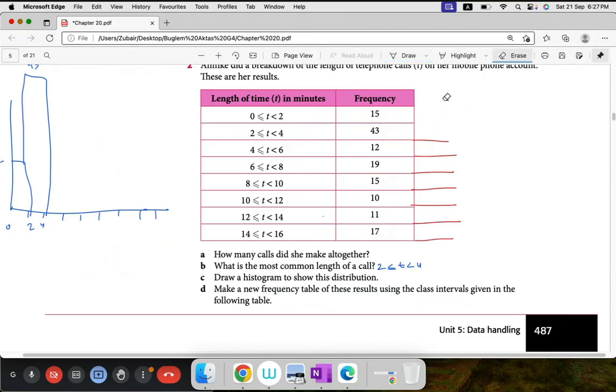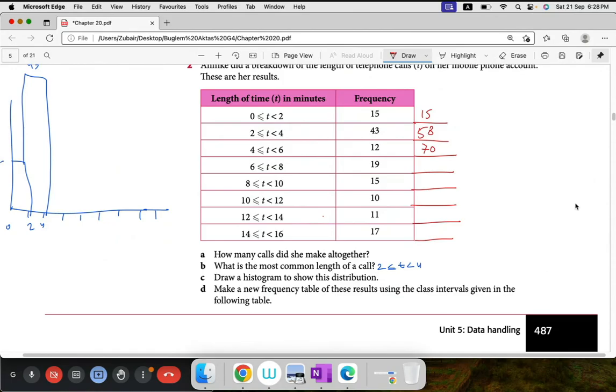How many students made calls less than 2 minutes? So that's 15. When I would say less than 4 minutes, what would you say? So that would just be 43 plus 15. So that's 58. Now, how many less than 6? That would be 70.